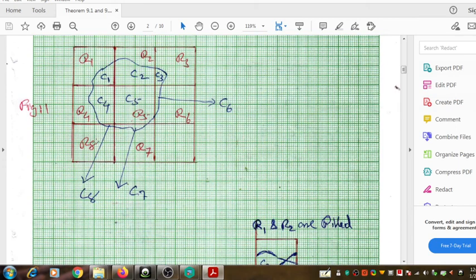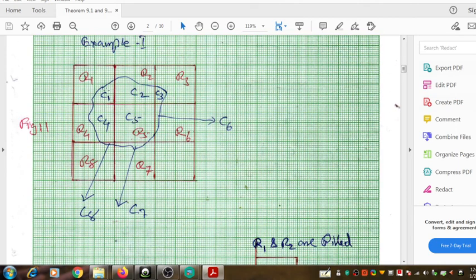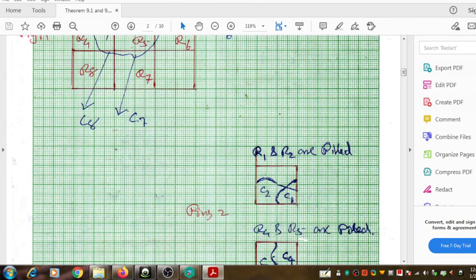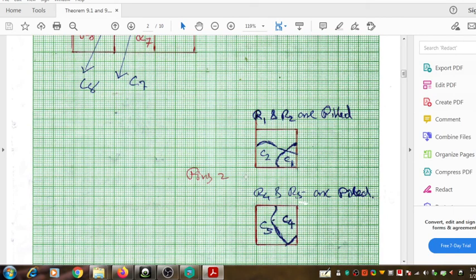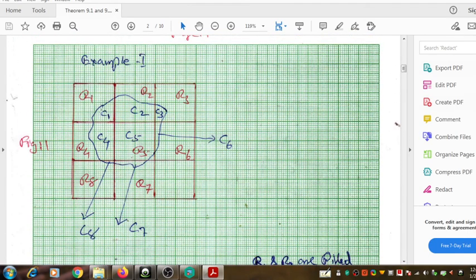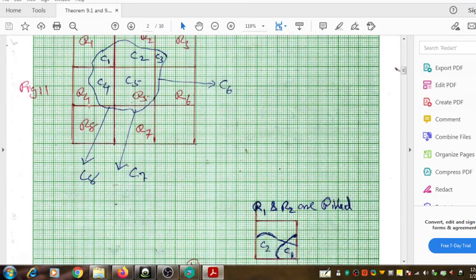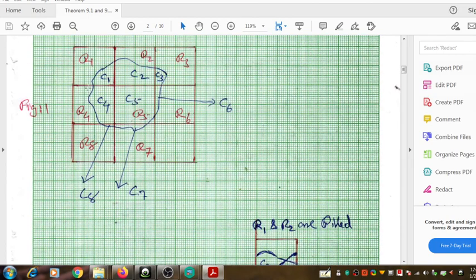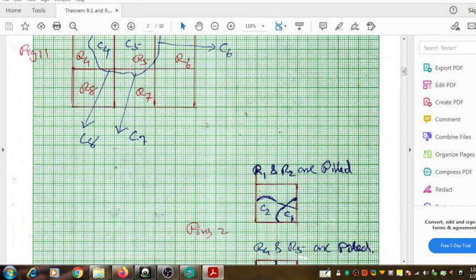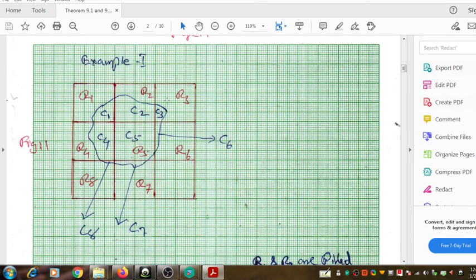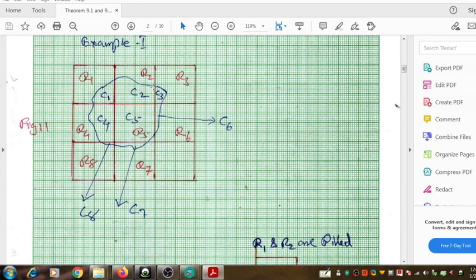After completing this, we can now transfer all these rectangles along with the subsets to a single rectangle, at a distance from the original set C. The rectangle R will be single, and we place these rectangles one by one on the rectangle R. As we place R1 on R, we get the subset portion C1 marked there, and as we place R2 on R, we get the corresponding subset C2.